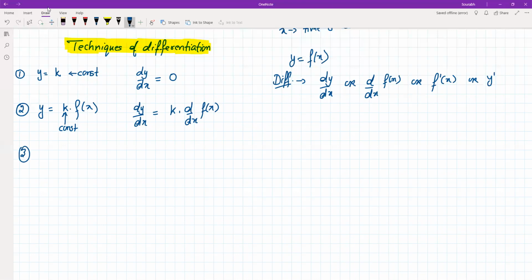Okay, next property. If y is equals to x to the power n, where n is a constant, it's a number. It can be an integer, it can be any real number.